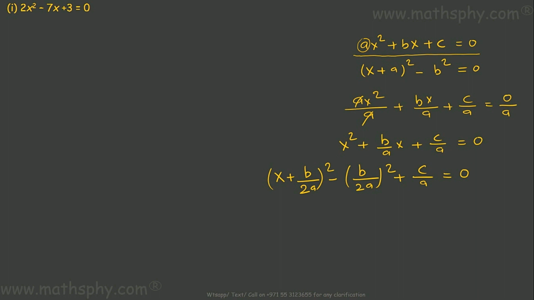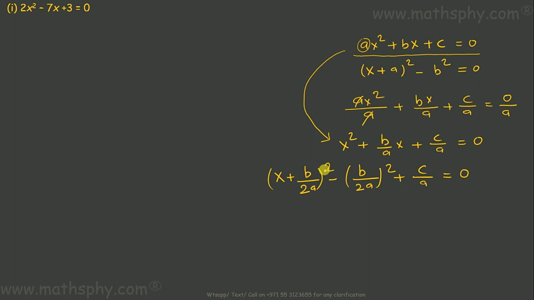Now you must be wondering, my equation was this, ax squared plus bx plus c. I changed that to this one by dividing throughout by a. This gave me this. Now, this equation changed to this equation. Are this equation here and this equation here equal? Let's try.